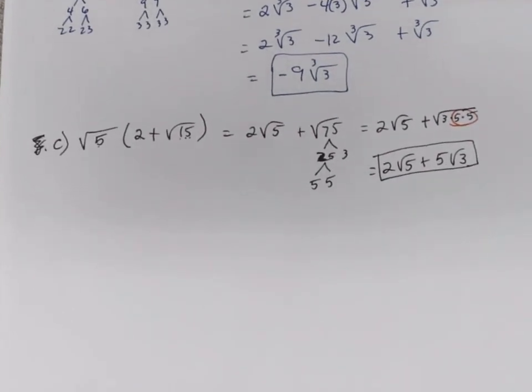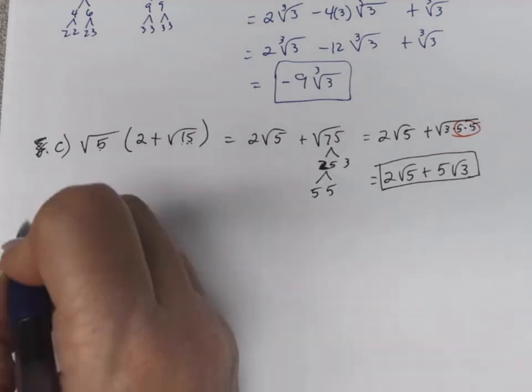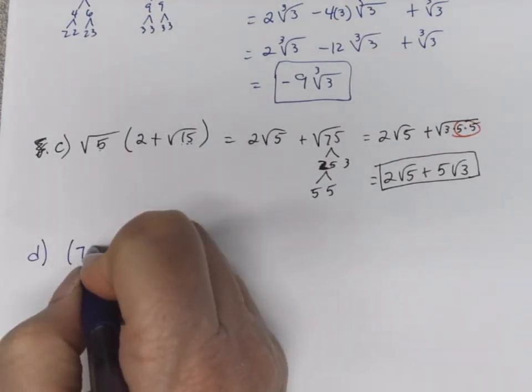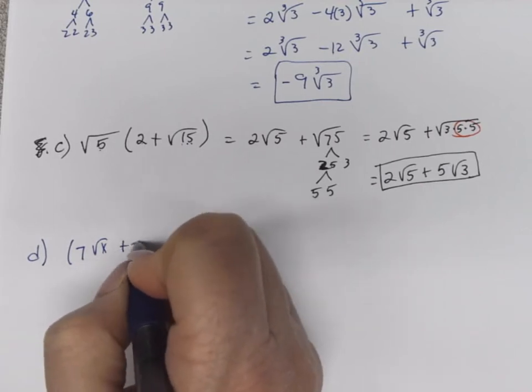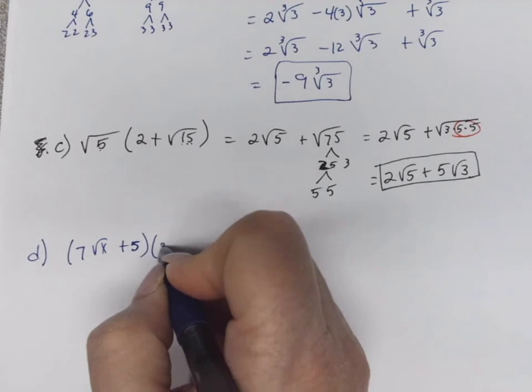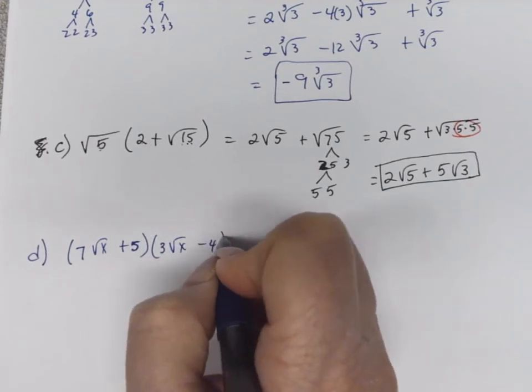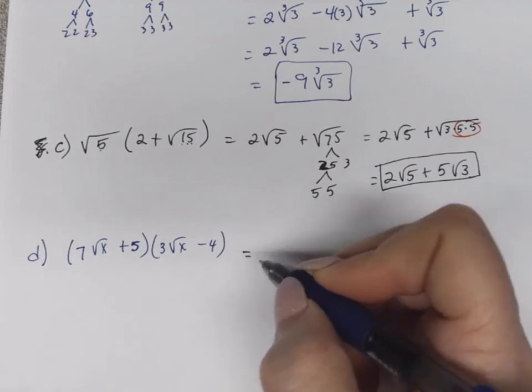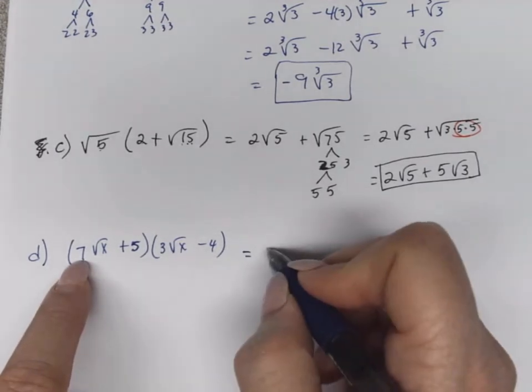All right, let's go do D. So we have 7 square roots of x plus 5 times 3 square roots of x minus 4. So when we multiply this, we have 7 times 3 is 21.